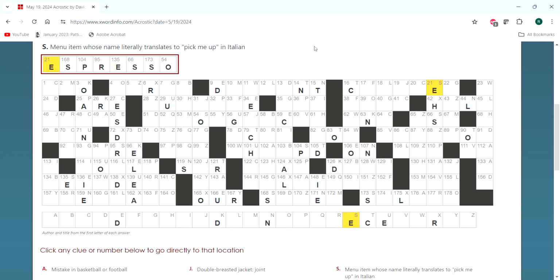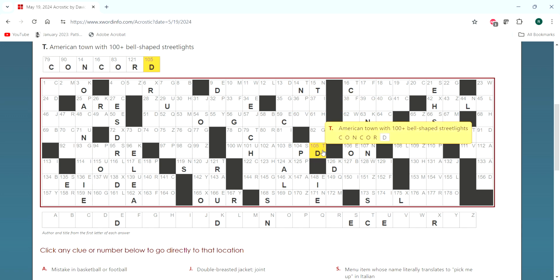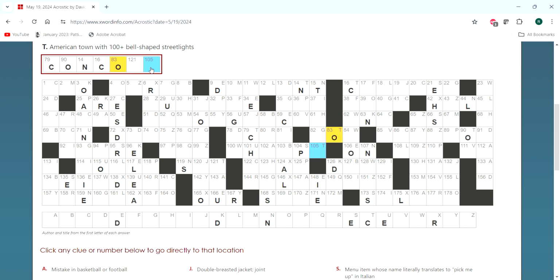Does anything weird happen when we do that? Oh yes, it sure does, because right here we have something H blank blank PD. That's not going to work. And are we confident with the D? Still confident enough on Concord, which means we would not be confident on espresso, unfortunately.